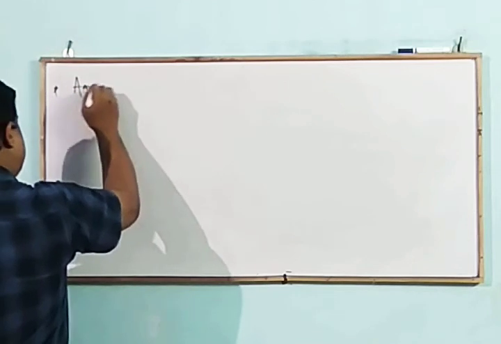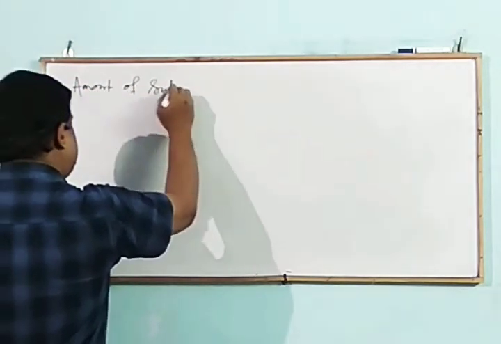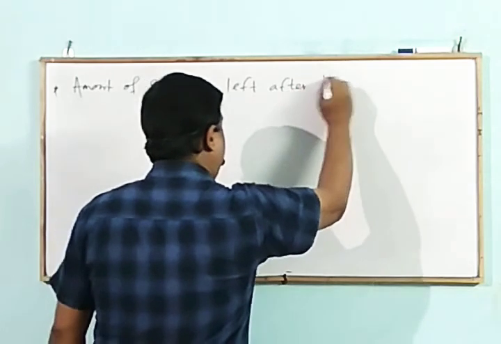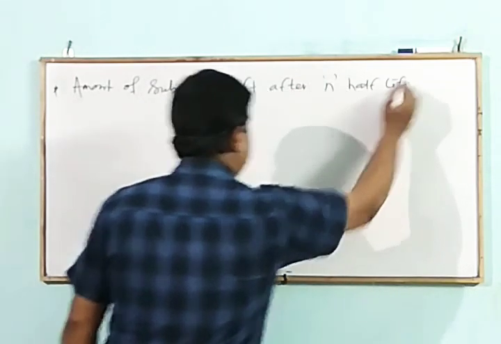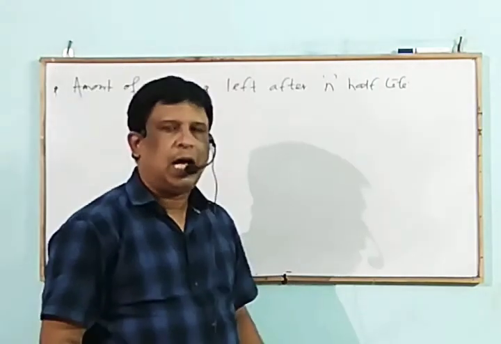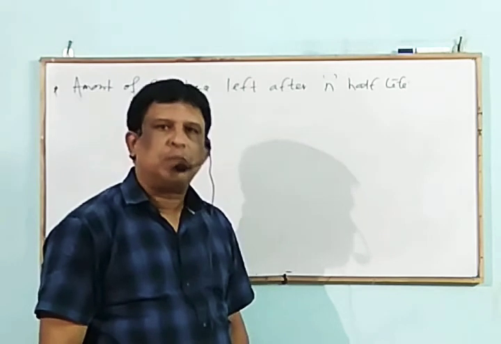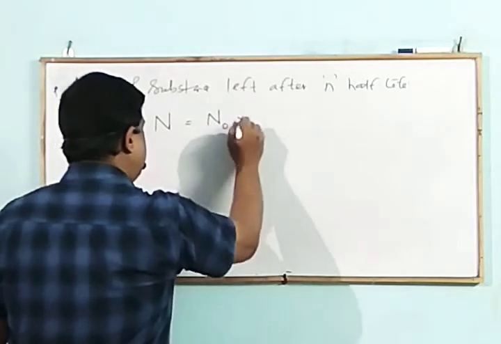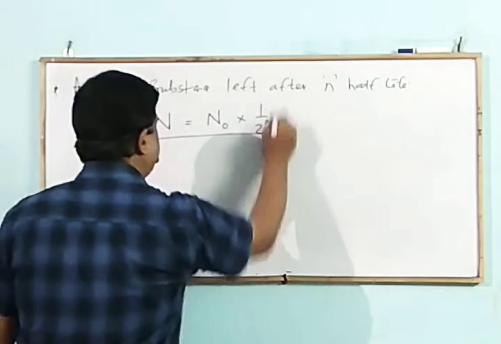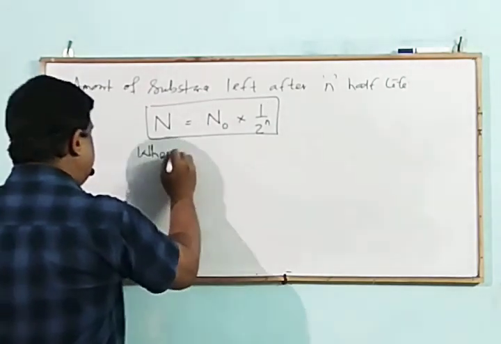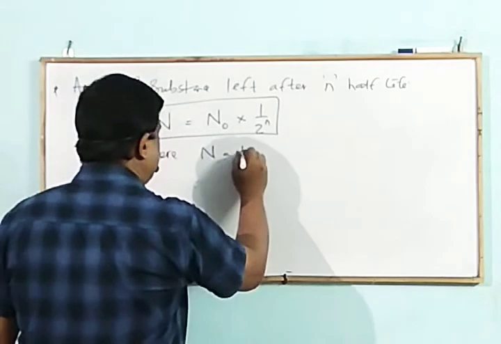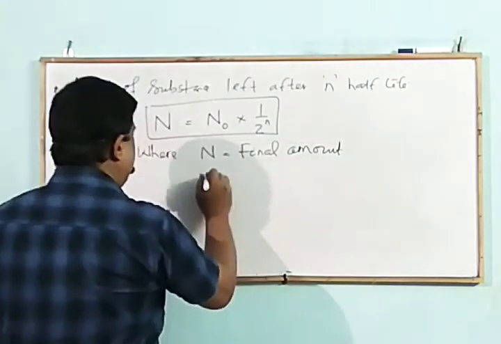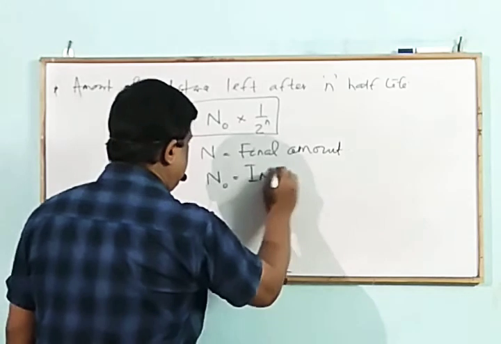Amount of substance left after n half lives: 1 half life, 2 half lives, 3 half lives, after the nth half life, what fraction of substance is left? The formula is N is equal to N naught into 1 by 2 to the power n, where N is the final amount, N naught is the initial amount, and small n is the number of half lives.